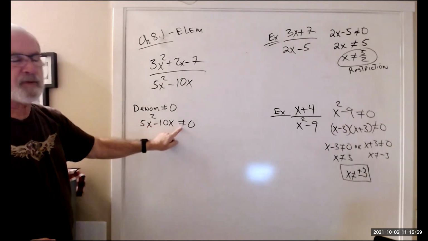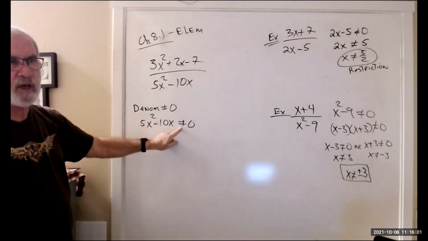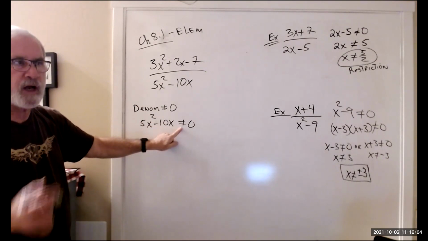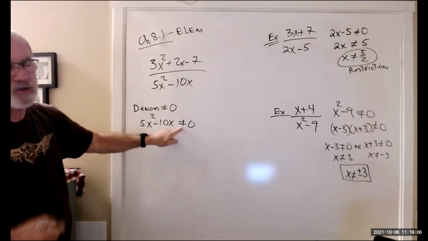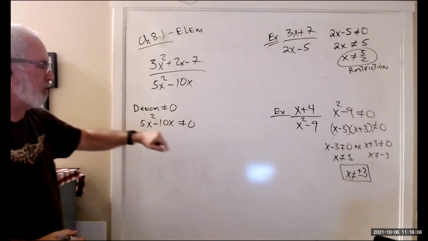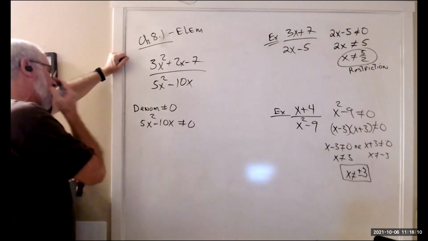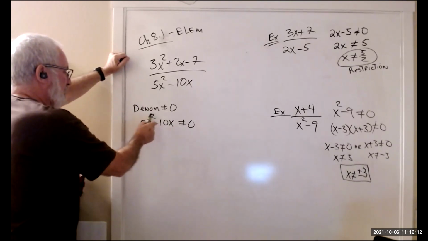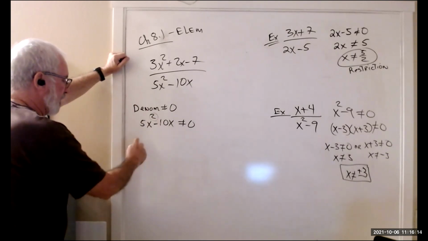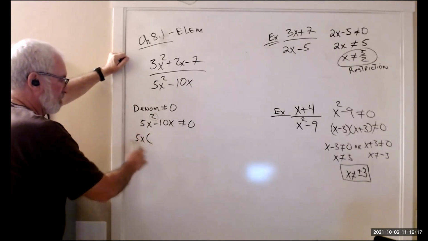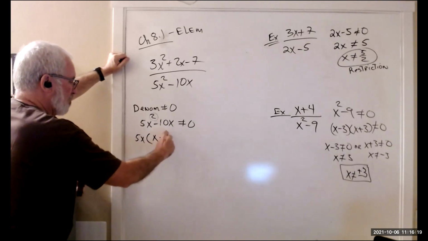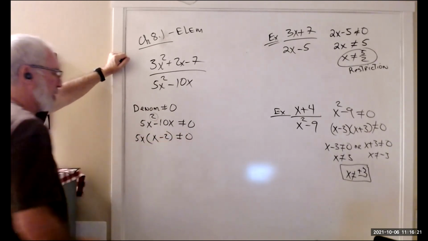Mentally, you just simply pretend it's an equal sign. How would you solve it if it were an equal sign? And just say, okay, it's not equal. That's all you do. So here you look at that and you go, oh, it's a power equation. I factor it. I can take out a 5x. That leaves x minus 2 cannot equal 0.